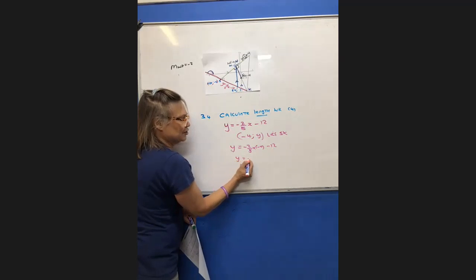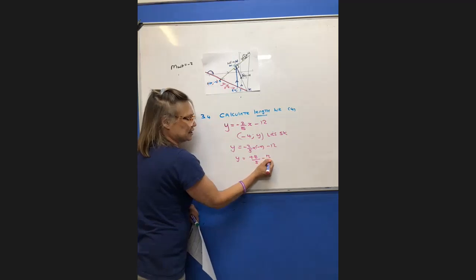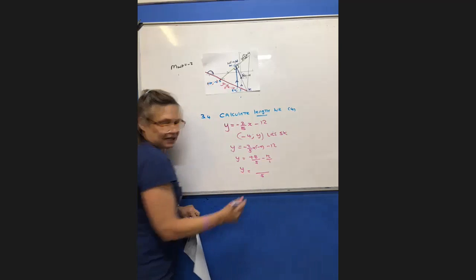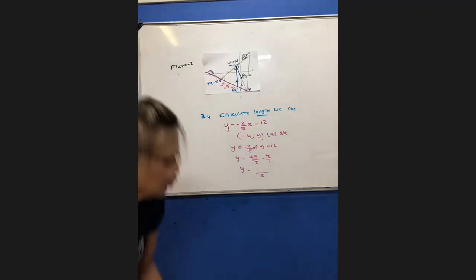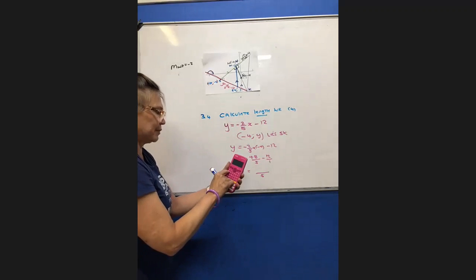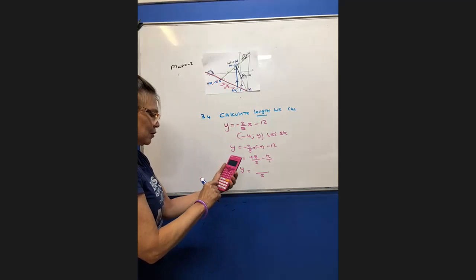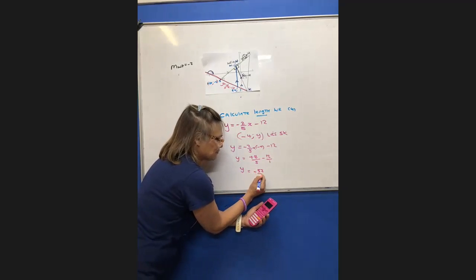Now, if you get a strange answer, I don't ever want you to panic, because with analytical geometry, it is actually very common to get strange answers. I've told you that before. So if I go 8 divided by 5 minus 12, I'm going to get minus 52 over 5.